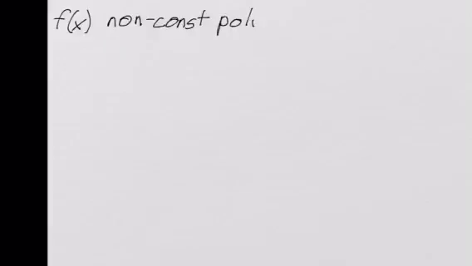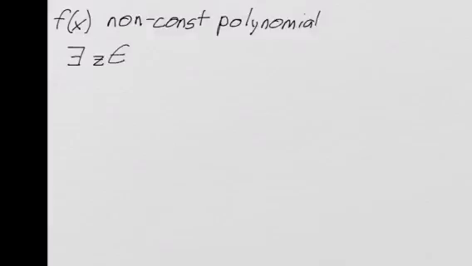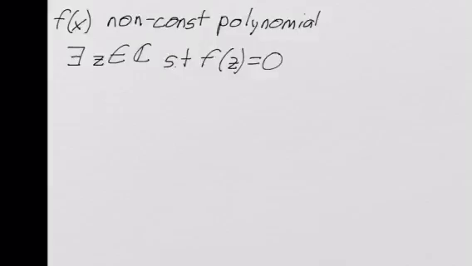So the fundamental theorem of algebra says if we let f of x be a non-constant polynomial, then there exists a z within the complex numbers such that f of z is equal to 0. This is true for any non-constant polynomial.